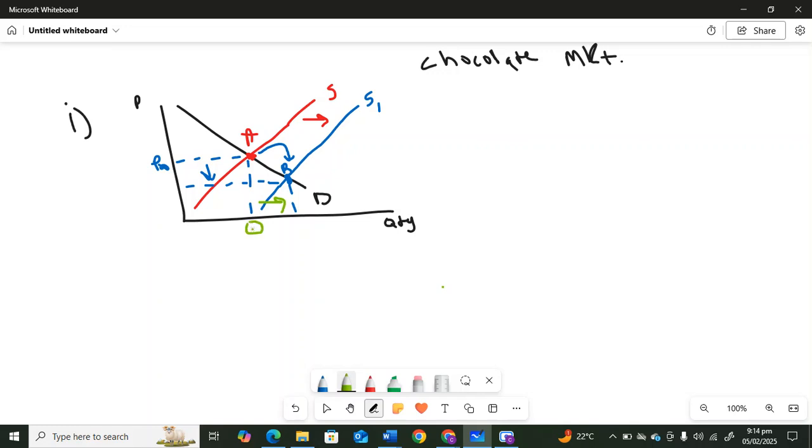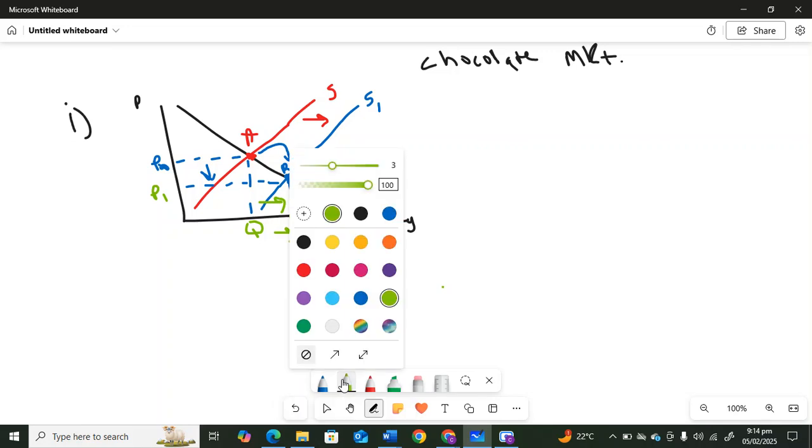Quantity goes from Q to Q1, and price goes from P to P1. Okay, colleagues, are we all okay with that? Move to the next scenario.